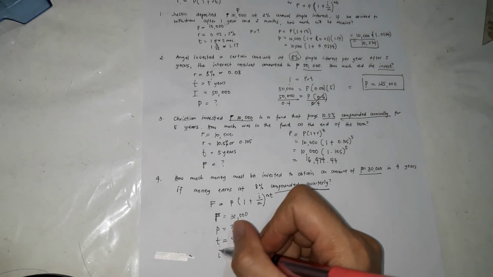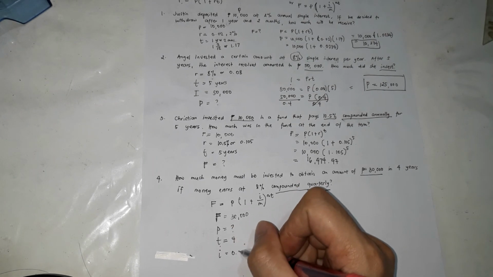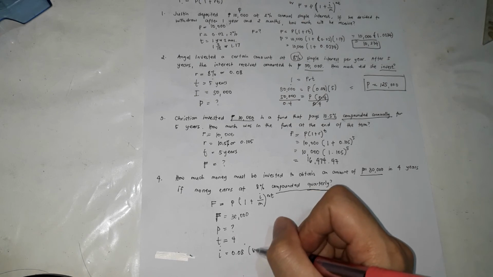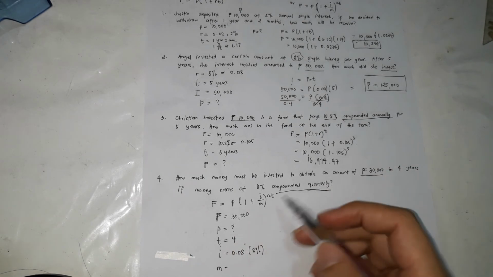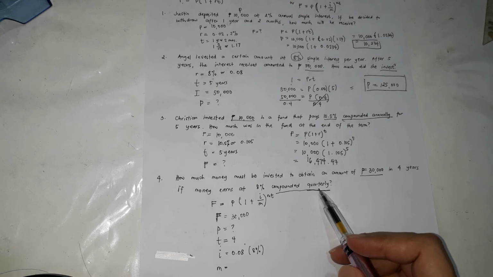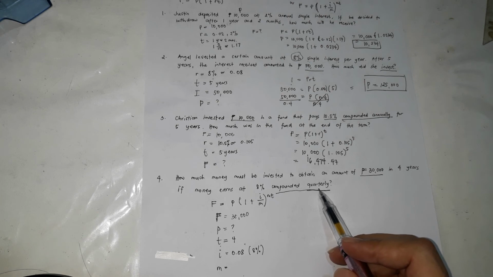Next, ang I, which is the interest, is 0.08, which is from 8%. And the last one, letter M. The letter M is number of conversions per year. So in this one, the given is quarterly. So kapag quarterly, how many quarters in 1 year? That's 4.